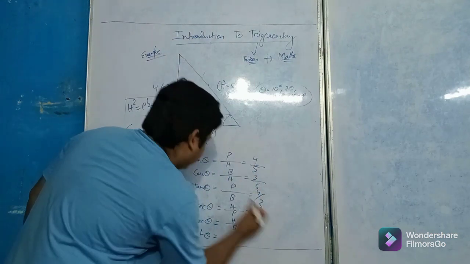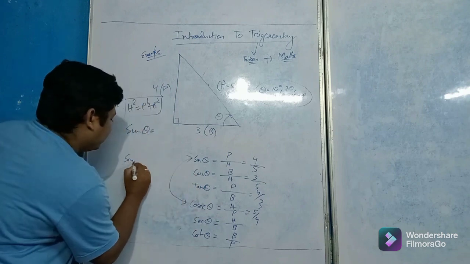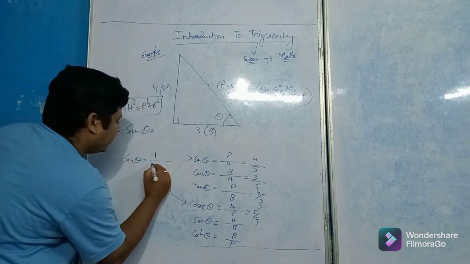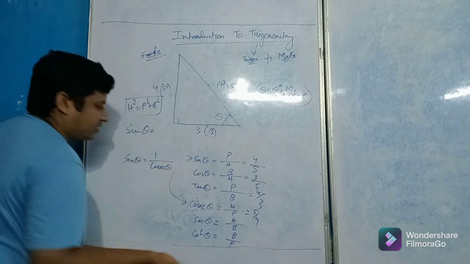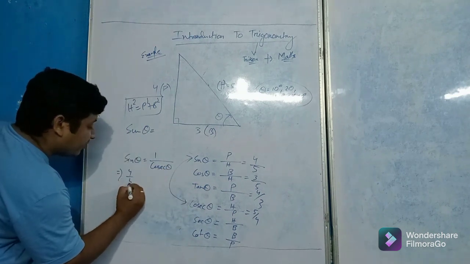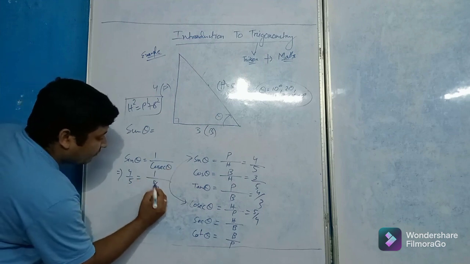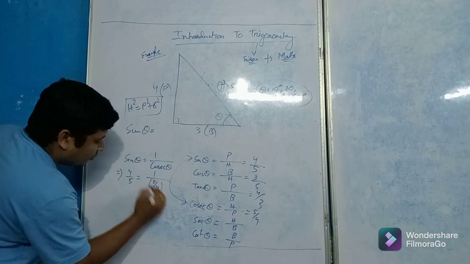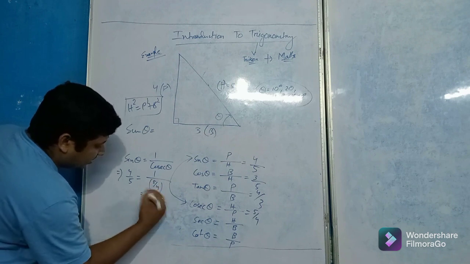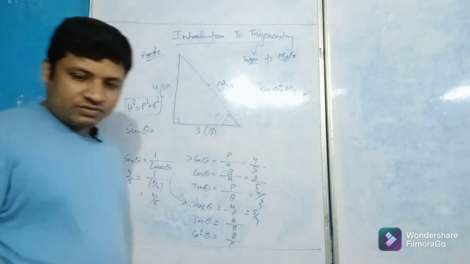Now you can compare here these two. Sin theta equals to 1 by cosec theta. You can check. Suppose sin theta is how much? 4 by 5 we got. Now 1 by cosec theta means 1 by 5 by 4. If you take inverse, reciprocally, it will become 4 by 5. Yes, LHS equals to RHS.